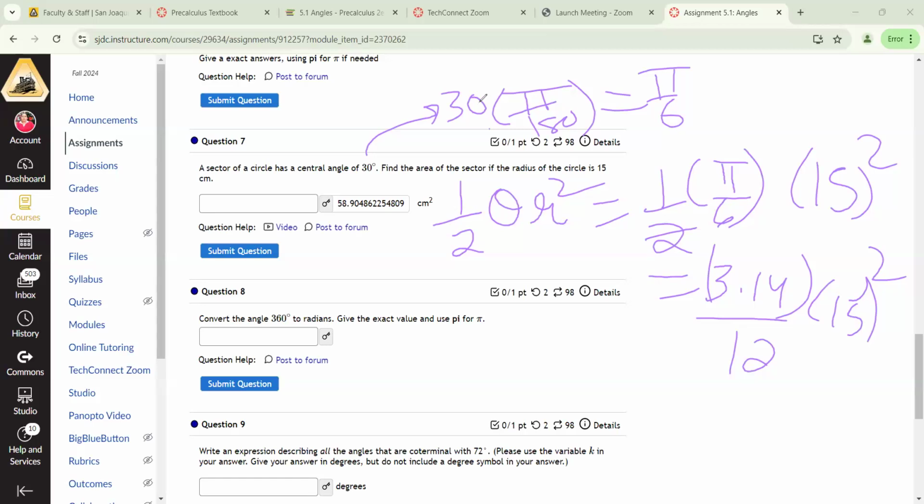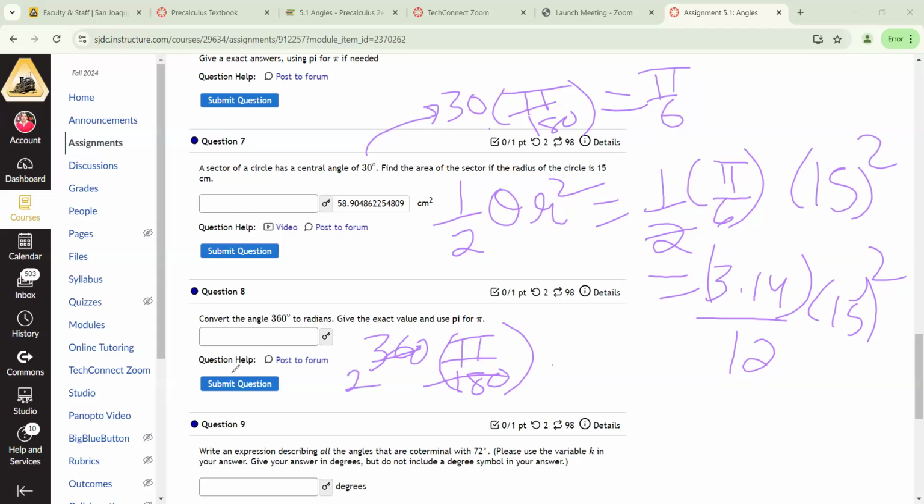Question 8 says, convert the angle 360 degrees to radians. So we simply take 360 degrees and convert this angle to radians means multiply by pi over 180. 360 and 180 cancel with each other and give you 2 here. 180 times 2 is 360.